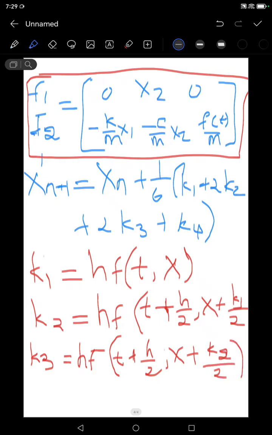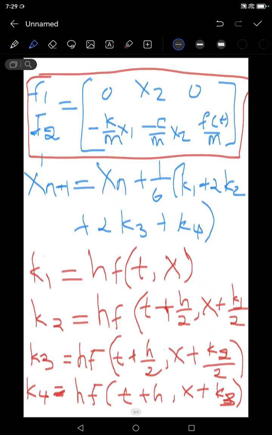This is the formula for k3. To calculate k4, for sure you still remember this from maths 4, we have h multiplied by f of t plus h, comma, x plus k3. So this is the formula for calculating the values of k1, k2, k3 and k4.